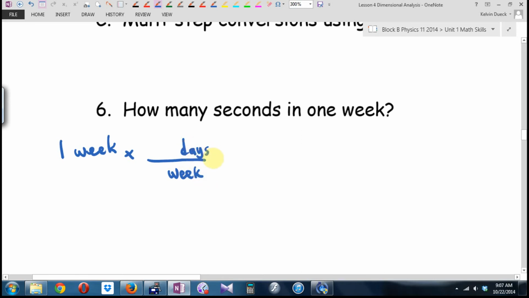What's the conversion factor? How many days is how many weeks? 7 days is 1 week. This is why I said this. You don't have to memorize how many seconds in 1 week. You've memorized enough to get there already.